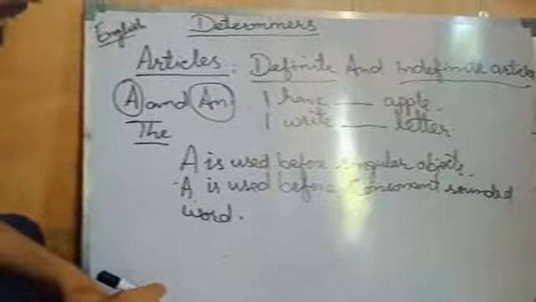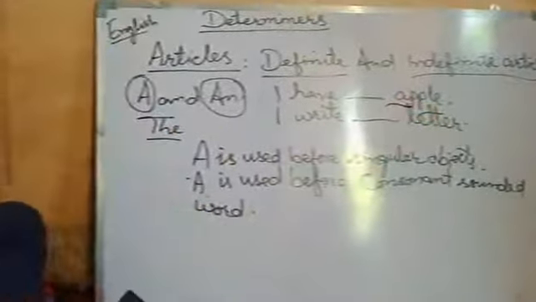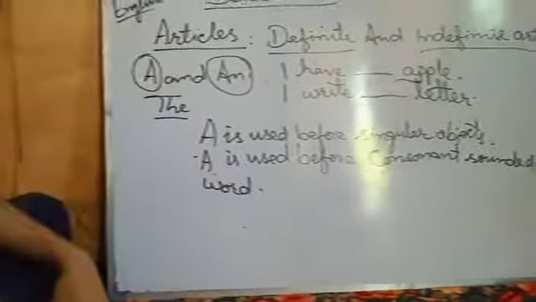In I have an apple, here an is used, because apple begins with a vowel.